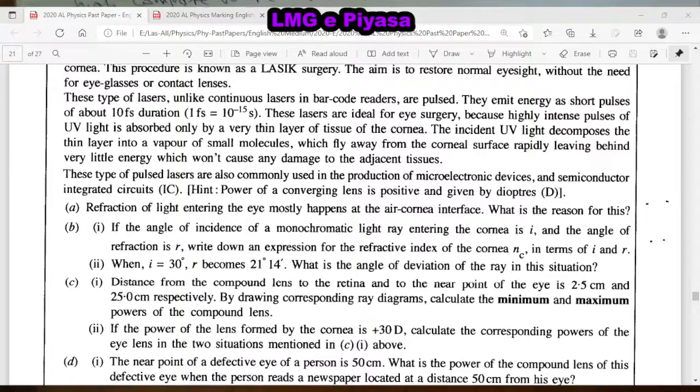So if you come to part C1, the distance from the compound lens to the retina and to the near point of the eye is 2.5 centimeters and 25 centimeters.